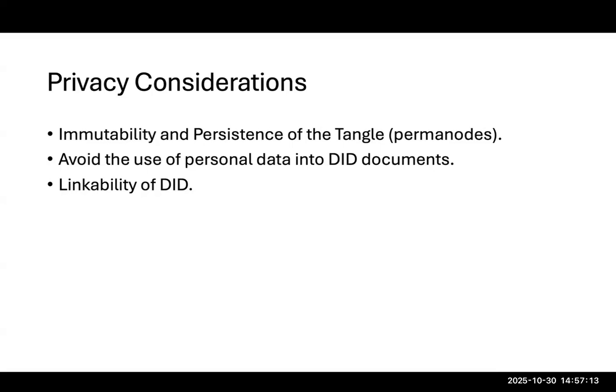So permanodes maintain the full history. So you don't know who, where, but someone can take the whole history of the transactions. So that's why the deactivation is in some sense the safest operation that you can do to create the cryptographic evidence that you as a controller wanted to deactivate your DID. Okay, so they inform us that some permanodes can be deployed, and so we need to take this into consideration.